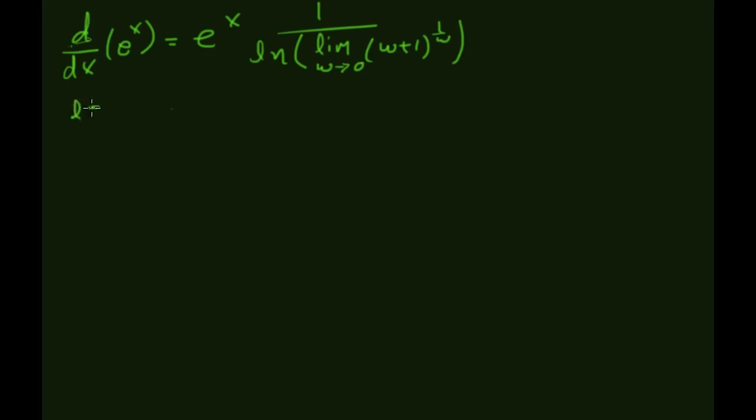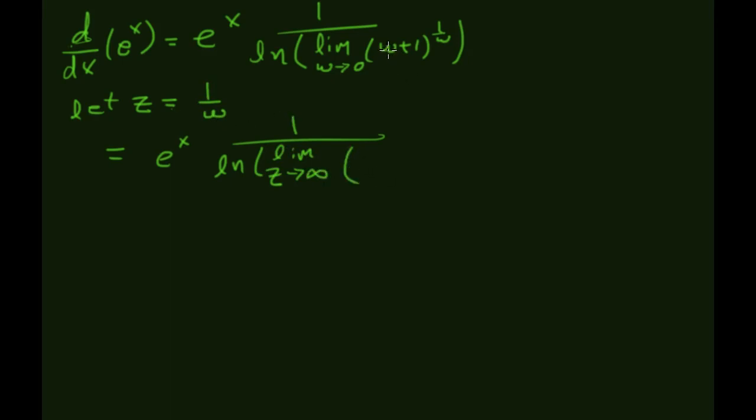So we're going to do another change of variable. We're going to let z be 1 over w. So what does that do? That gives me e to the x, 1 over the natural log. Let's think about this. If w is going to 0, z is getting bigger; it's going to go to infinity. So this is the limit as z approaches infinity.